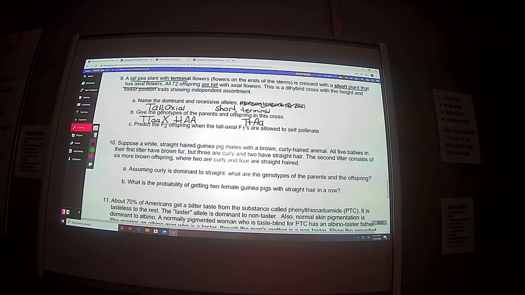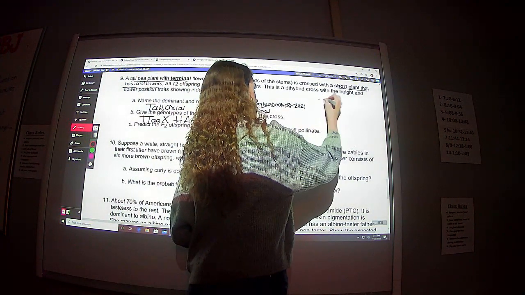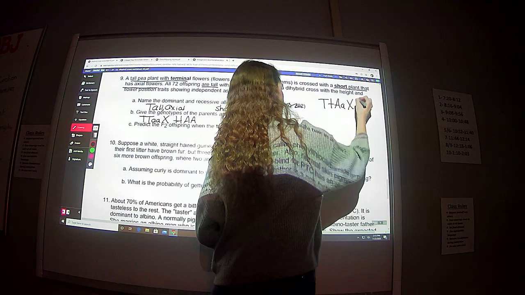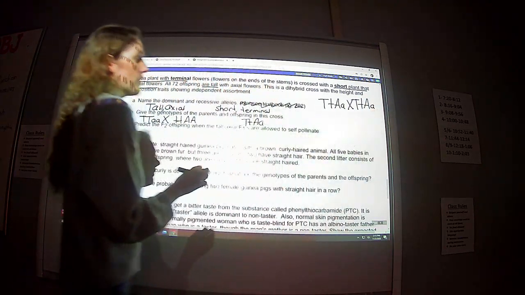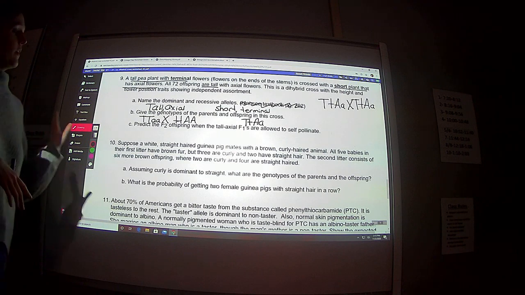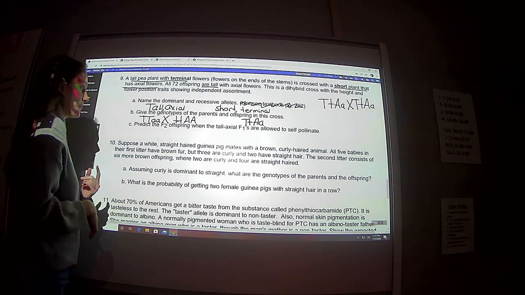Predict the F2 offspring when the tall axial F1s are allowed to self-pollinate. So that means whenever I would do a cross, I'm going to be crossing this here. Two that are heterozygous will cross together. Whenever you cross 2 heterozygotes, you're going to show every single trait that you can, so you'll have 4 different traits.